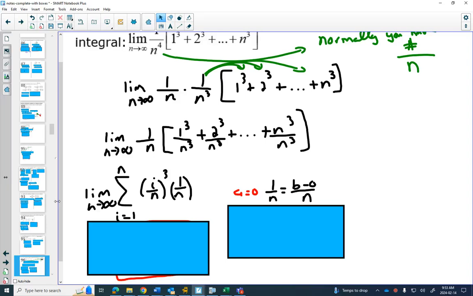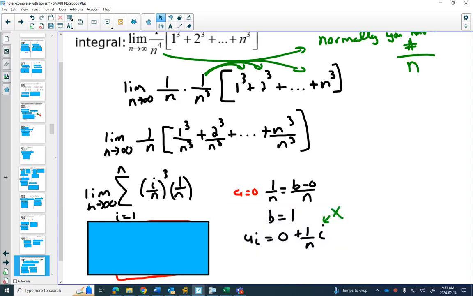So if it's 0, well then the number on top is a 1, so it's easy to see that b would be 1. And then your x_i is just a plus your change in x, which is 1 over n, times i. So that's our x value.